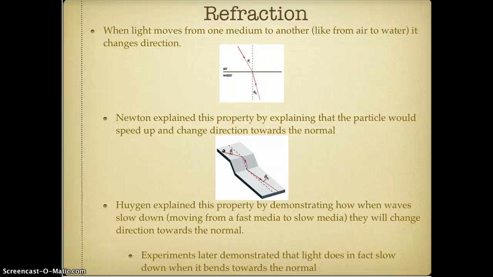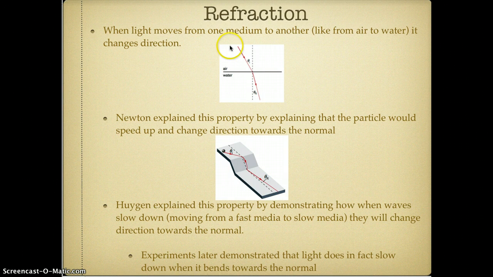Refraction was one that I think was very interesting, because when light goes from one medium to another, like from air to water, it changes direction. Newton said, if you imagine the pellet of light speeding up, it will change direction and bend towards the normal.